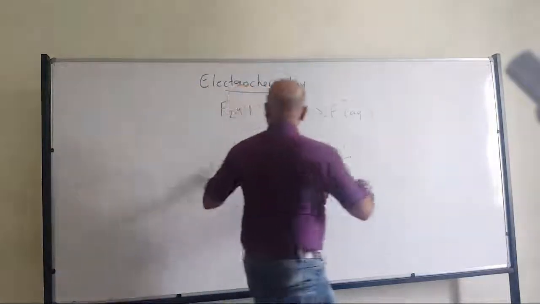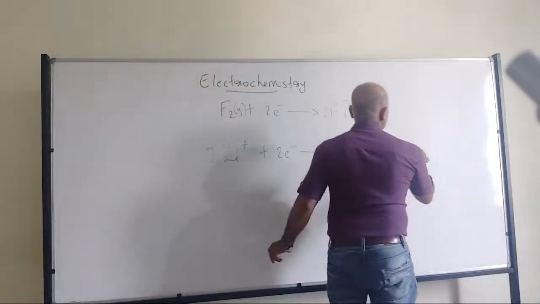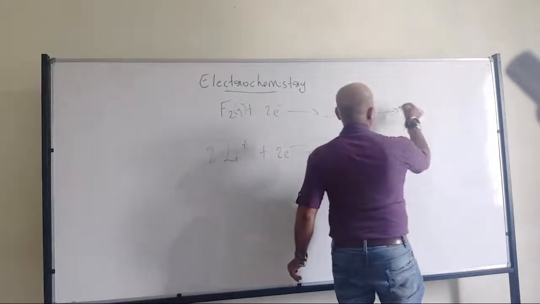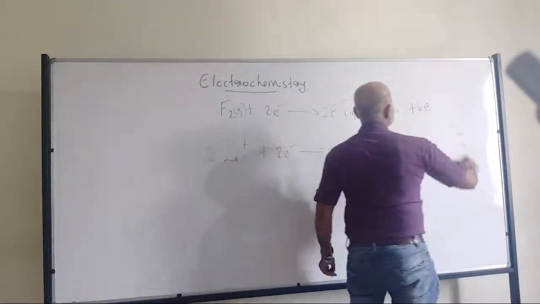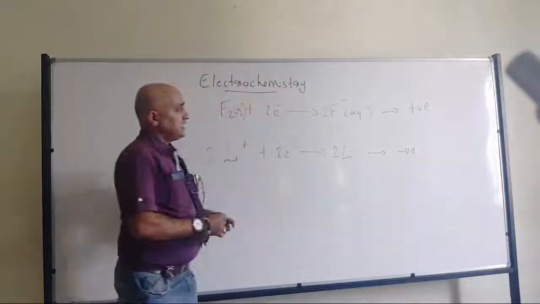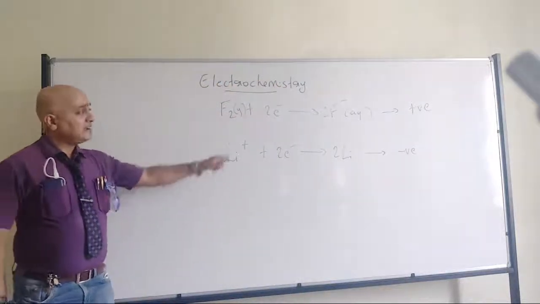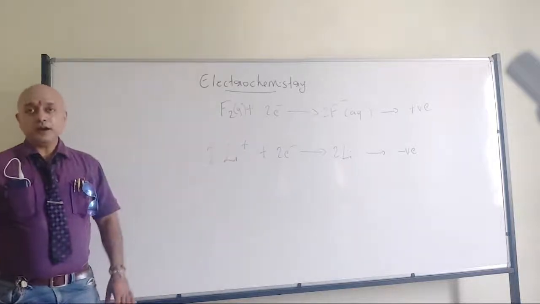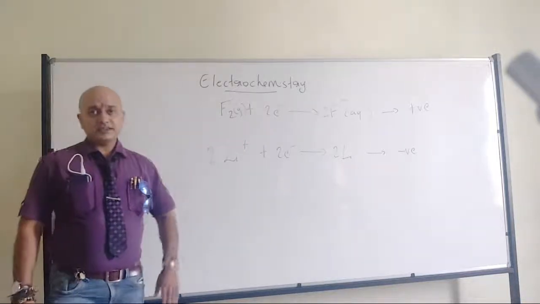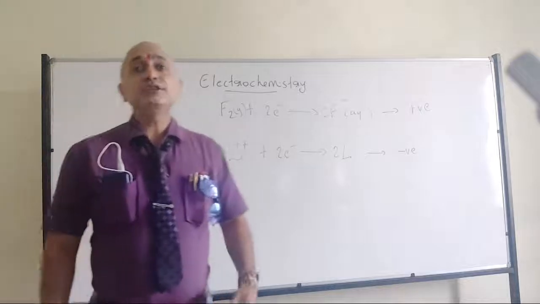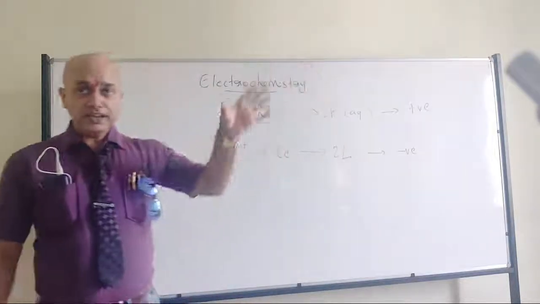Now the fluorine reaction will have the highest positive value, and the lithium reaction will have the highest negative value among all the elements. You can observe this in your textbook also. They have given a particular table.